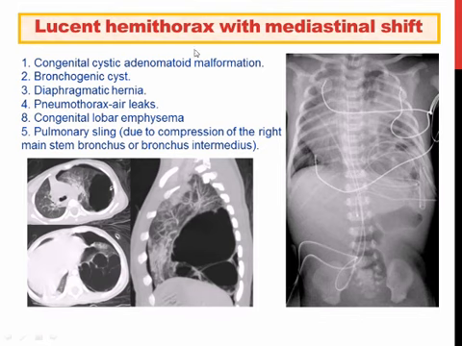Few diseases can do that apart from the CLE that we saw. Consider diaphragmatic hernia when you see this bubbly appearance of the lung with little gas in the gastrointestinal tract in the abdomen. When you see this bubbly appearance with a mediastinal shift, think of congenital cystic adenomatoid malformation.